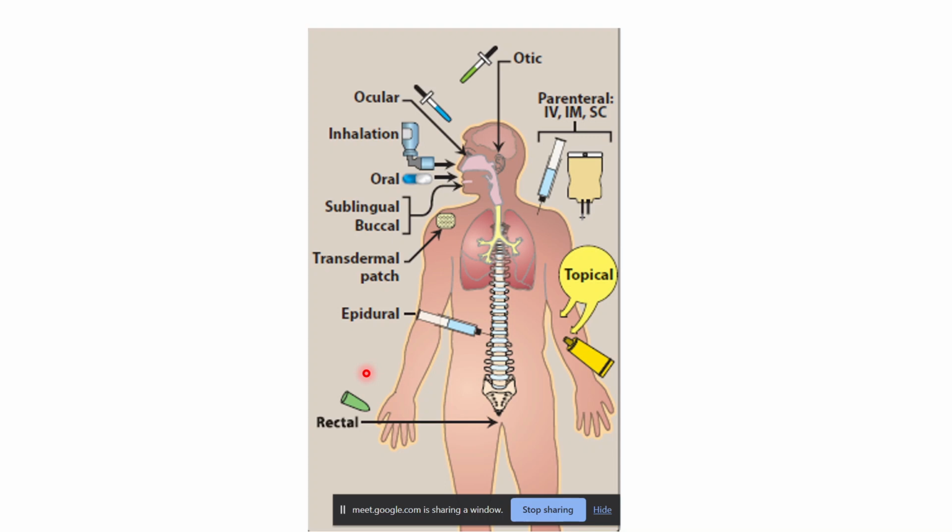So those are the main ways of absorption, and there are also new ones, but these are the most commonly seen ways of absorption, and the most commonly used is oral tablets.